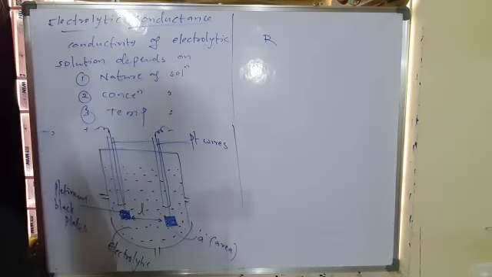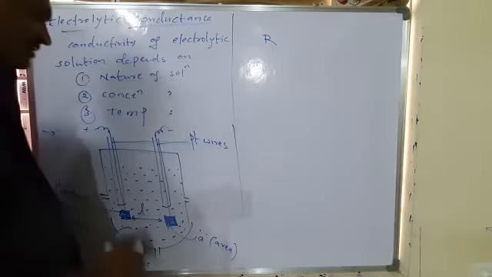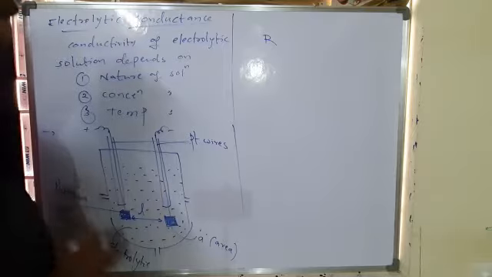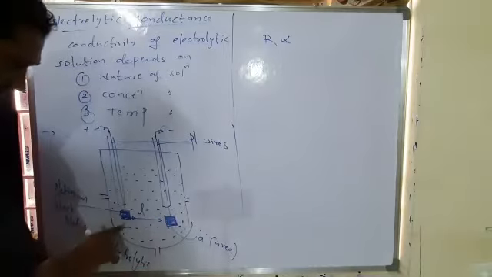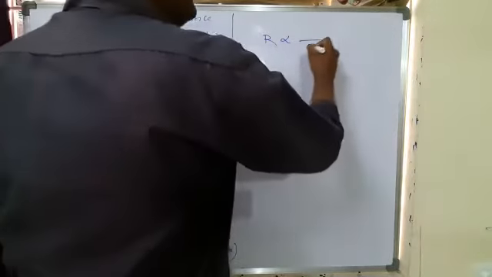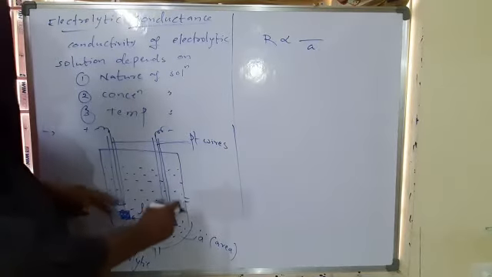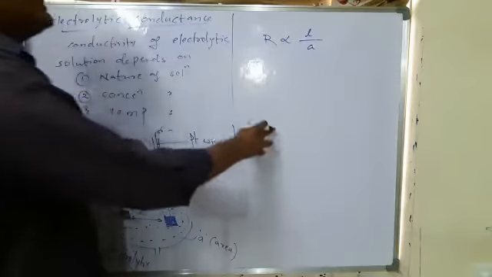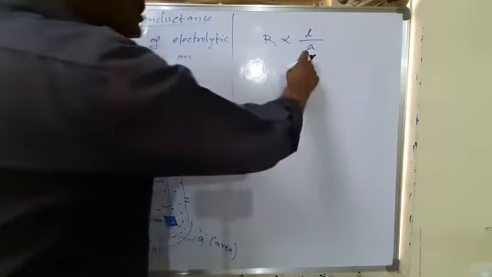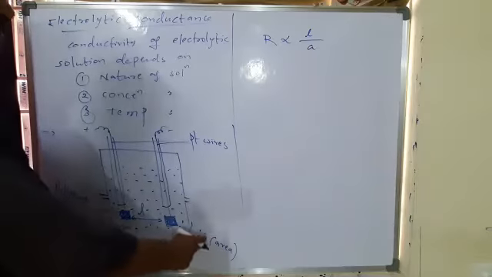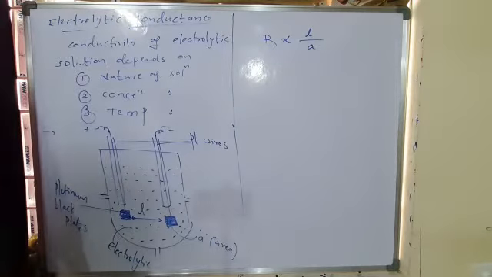The resistance R is inversely proportional to the area of cross section, and directly proportional to the distance between the two plates.